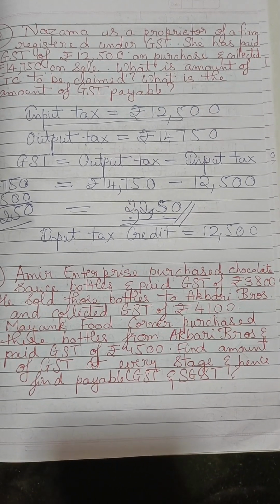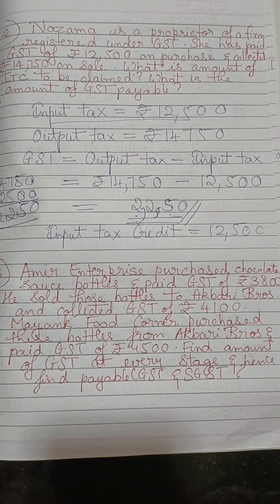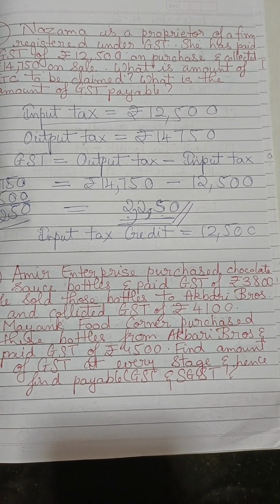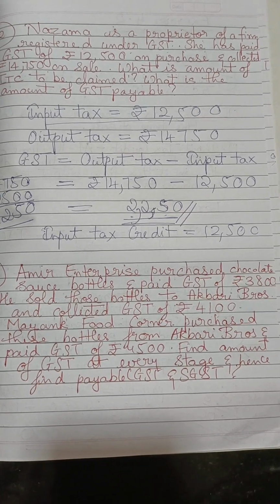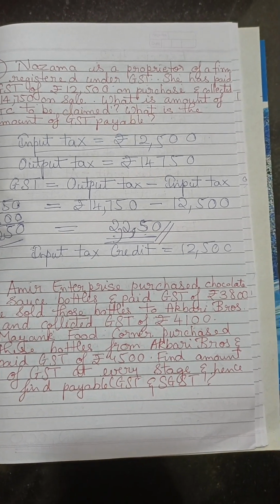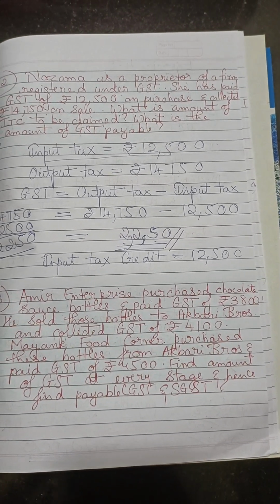Find the amount of GST at every stage and hence find the CGST and SGST. So what are you going to do? You're going to solve it in two ways. First you're going to take Amir, then Akbari, and then Mayank, and solve it in the similar way.